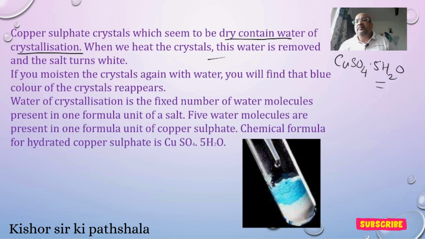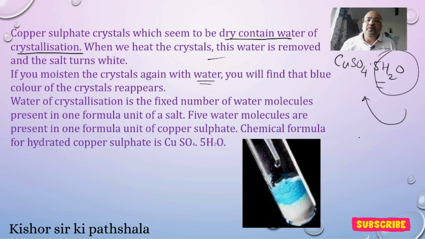When we heat this crystal, the water is removed. If you moisten the crystals again with water, you will see that the blue color of the crystals reappears. If we remove the water and add water again, you get the blue color of the crystals again.